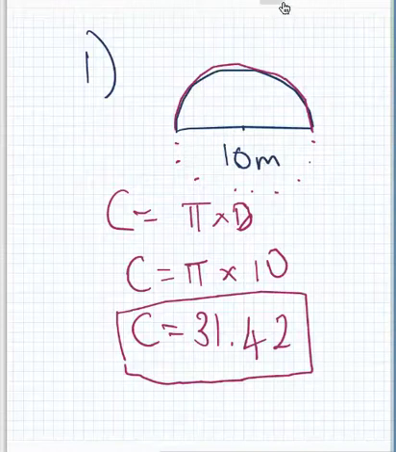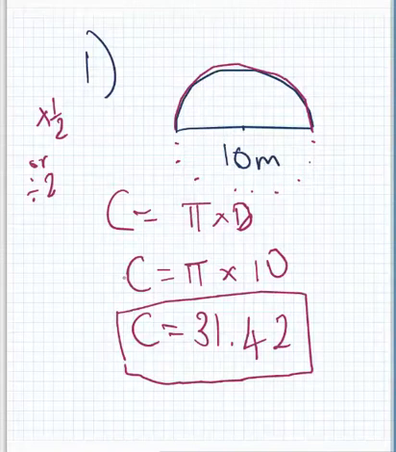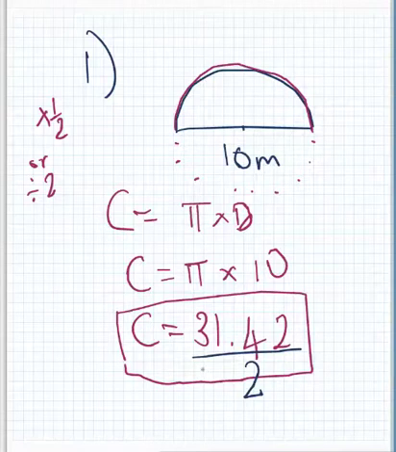And to halve something, you either times it by a half or you divide it by 2. So it's your choice what you want to do. I'm just going to divide it by 2. So my next step is to divide the circumference, the full circle, by 2, and I'll be left with half of that circle. Now I'm going to use what's on my calculator, because like I said, I rounded off here so you can see what result I got.